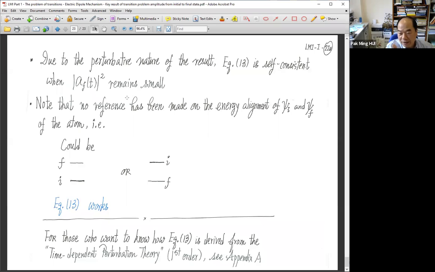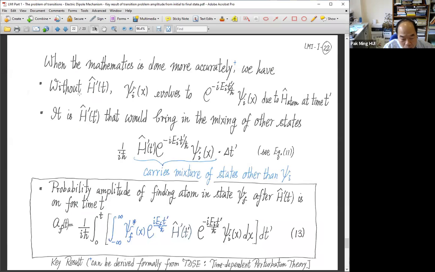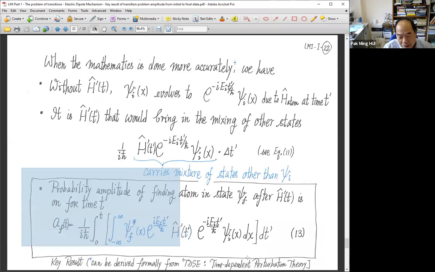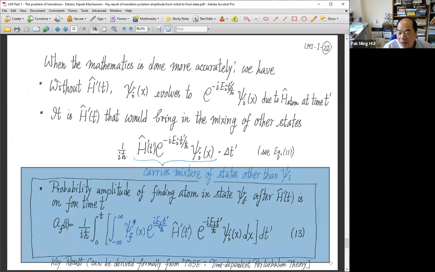Page 23. The starting point will be, I pick up this equation and start working out the consequences in the context of atomic transitions, okay?